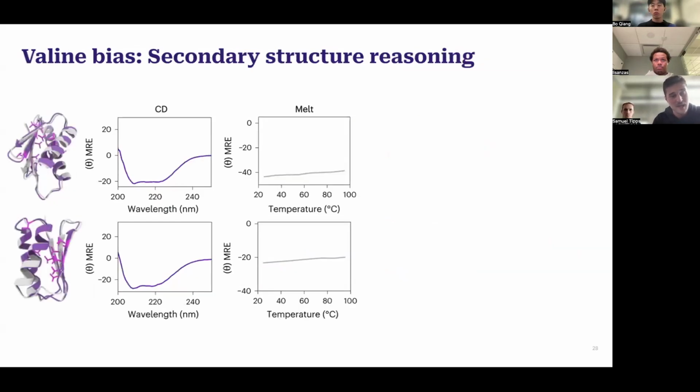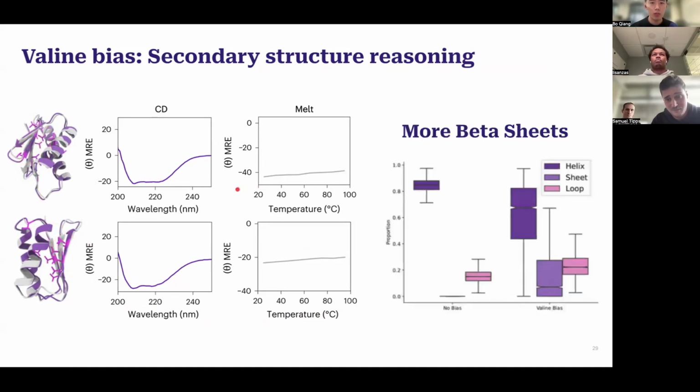And just one last example is designing proteins with increased valine content. So valine increases the beta sheet propensity of sequence space that it's in. And so the AlphaFold models and design models recapitulate the increased beta sheet content we were expecting to see. And they look well folded and thermostable by circular dichroism.